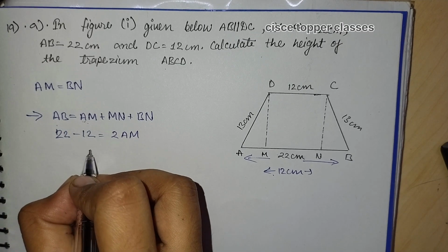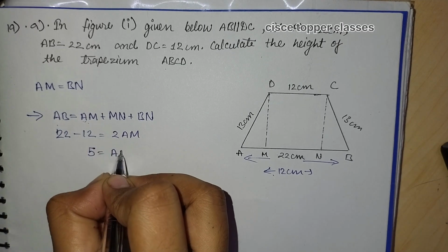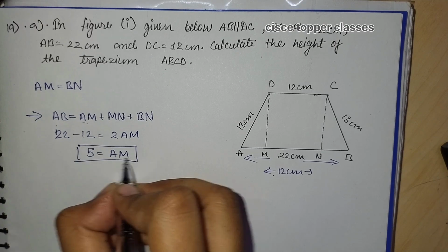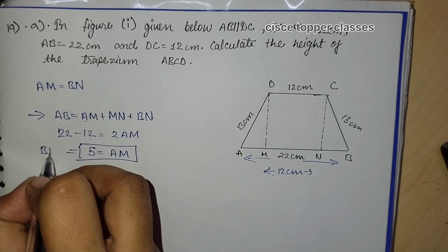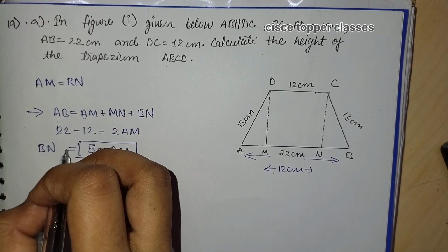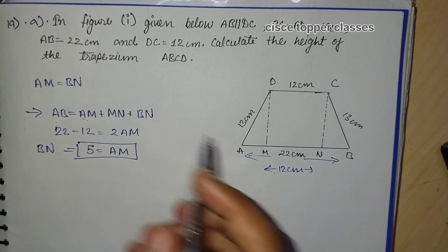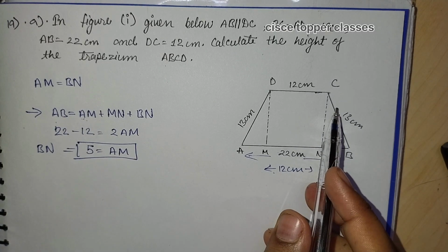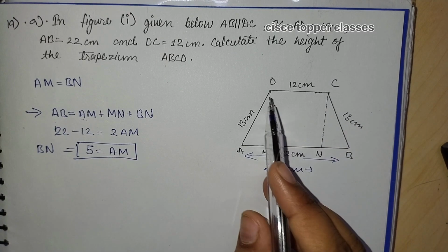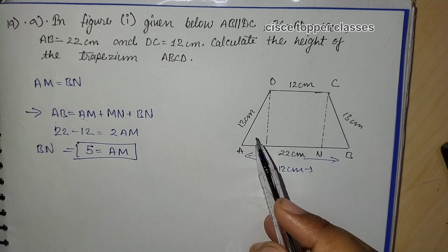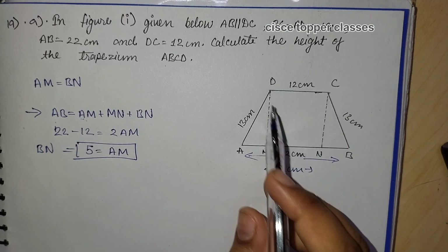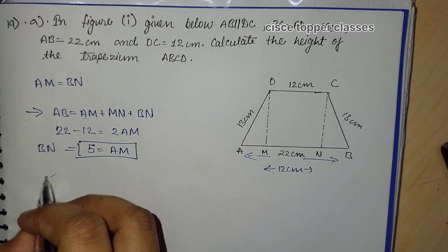On dividing, we will get 5. Means AM is equal to 5 centimeter, which is equal to BN also, because they are equal here. And in that process we can find the value of AD square, to find the height of the trapezium.